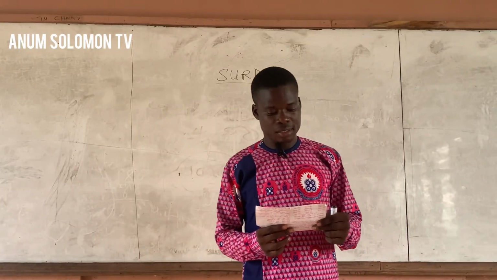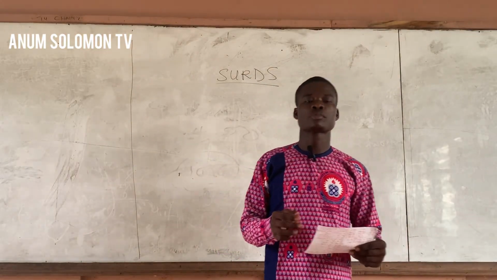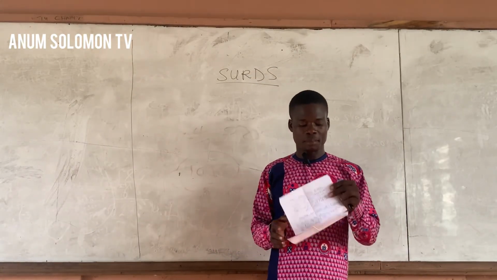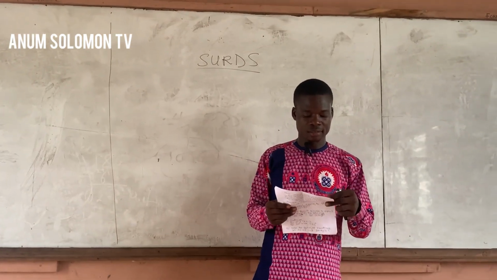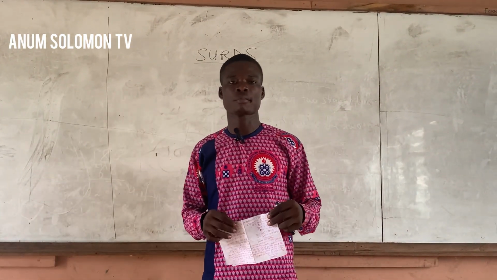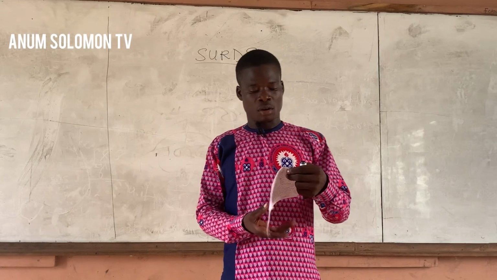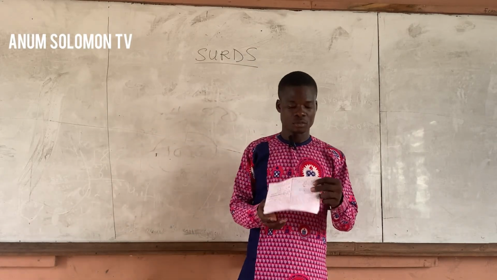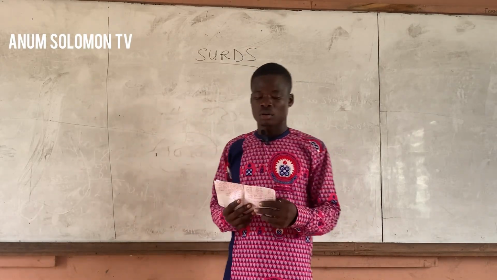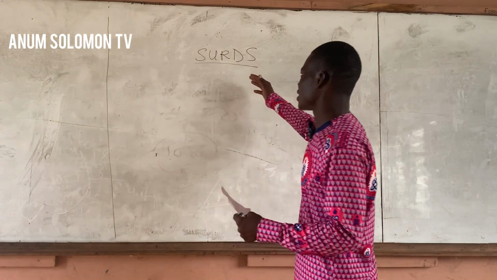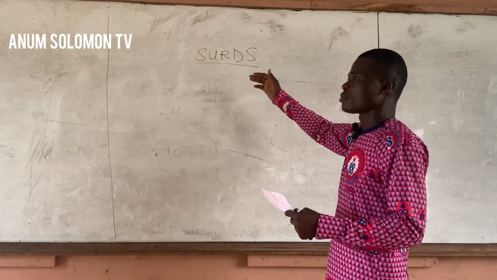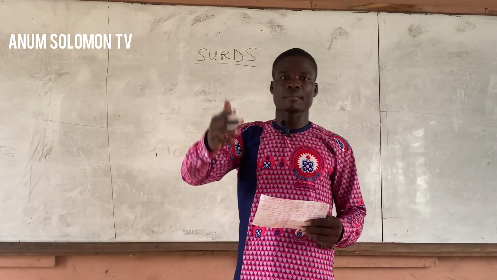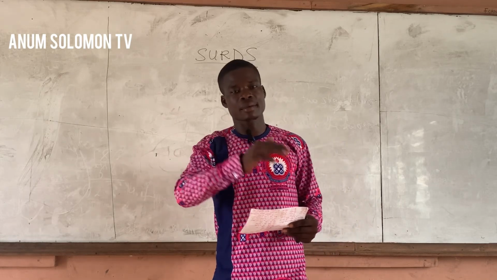By the end of this lesson, you should be able to simplify a given surd into its basic form or lowest form. When you say surd, we have rational numbers and irrational numbers.